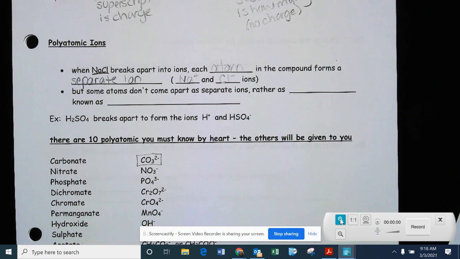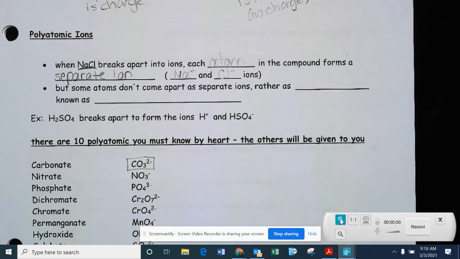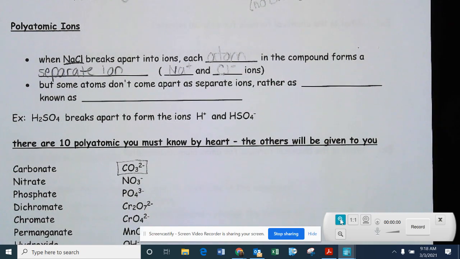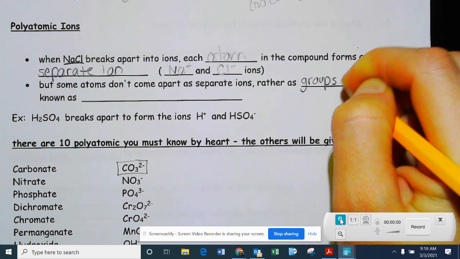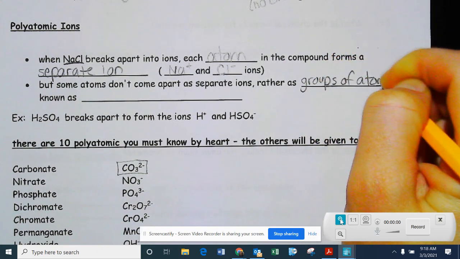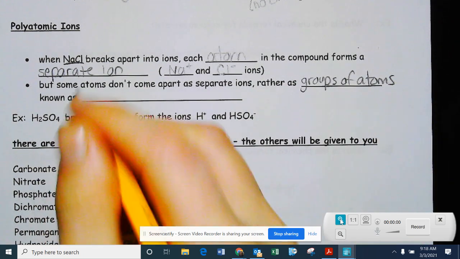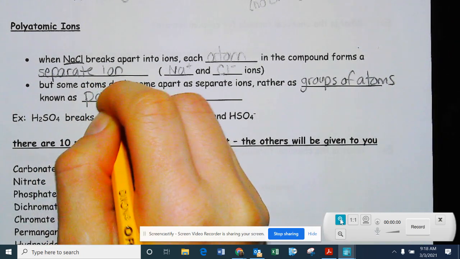Individual atoms are separated and have a charge. Now some compounds don't come apart into separate ions, but groups of atoms, and those are called polyatomic ions.